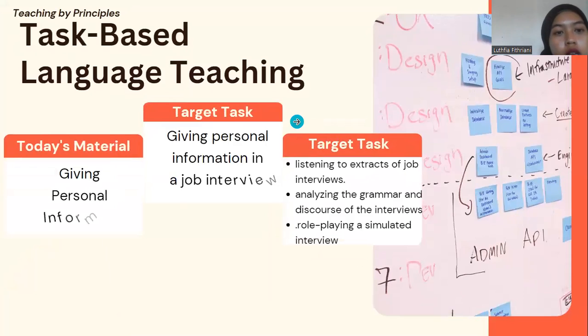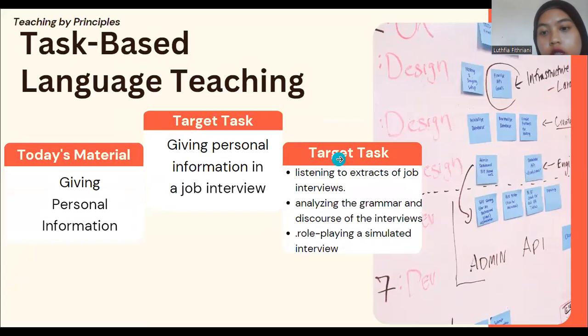So here is an example of target task and pedagogical tasks. Imagine that today's material is giving personal information, and the target task that the teacher can give to the student is giving personal information in a job interview.